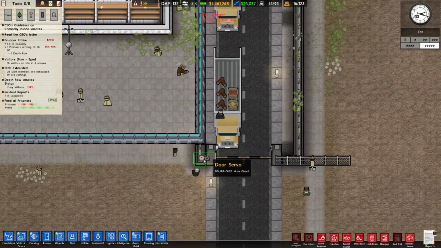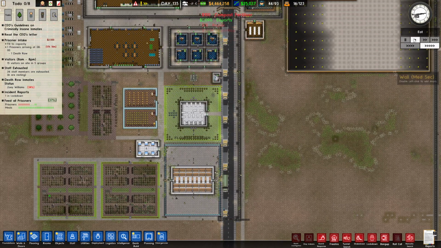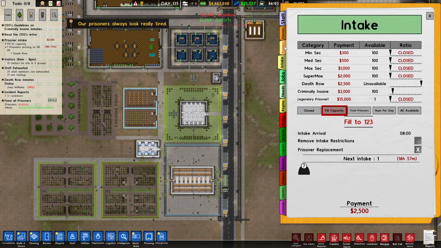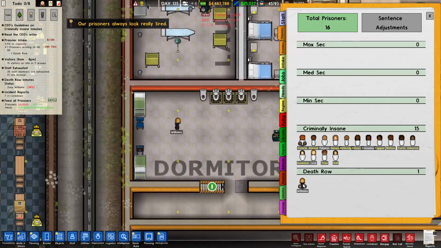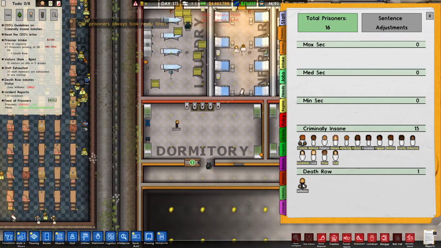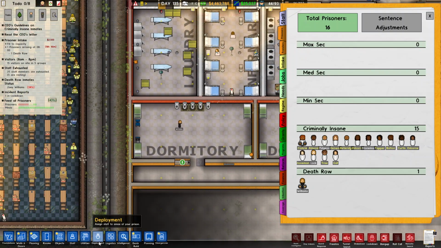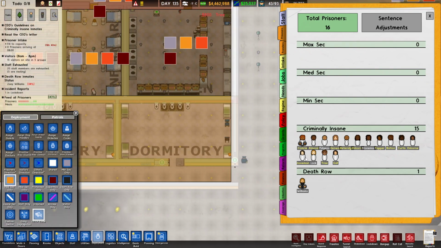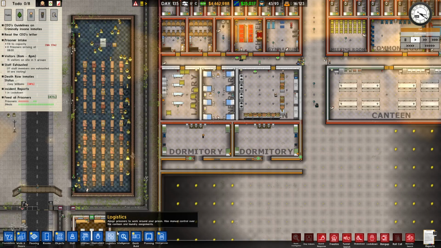Alright, there's the servo gone in. Did it go thump when it connected? What are you doing over there? Can we get my death row prisoner into death row, please?